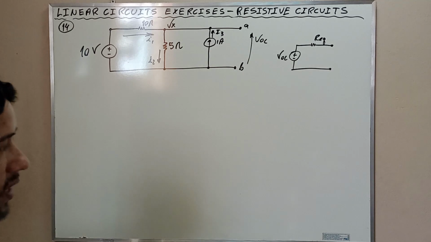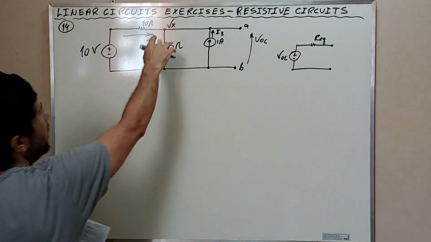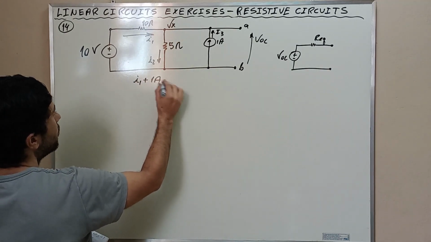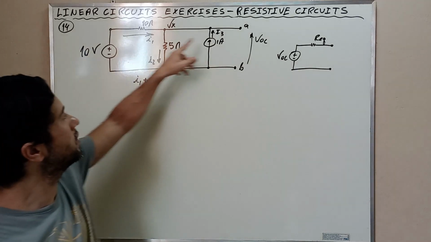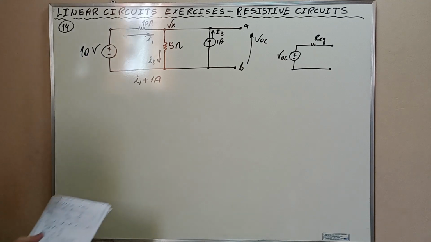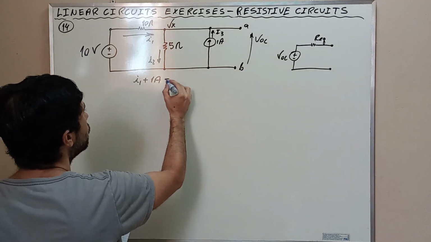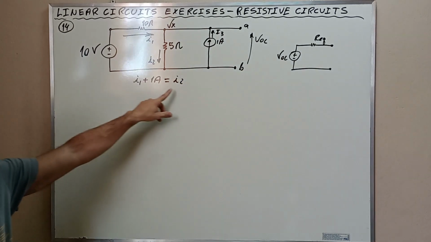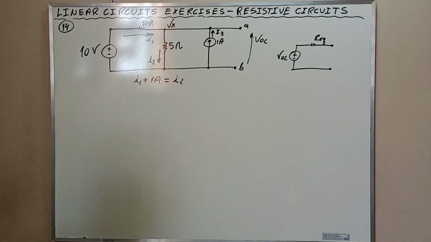Remember that the sum of the currents that enter a node has to be equal to the sum of the currents that leave the node. Therefore, the currents that enter the node are I1 plus 1 amp, I1 plus I3, and the current that leaves the node is I2. As we don't know the value of the currents, we have to describe them in terms of voltage drops and resistances.